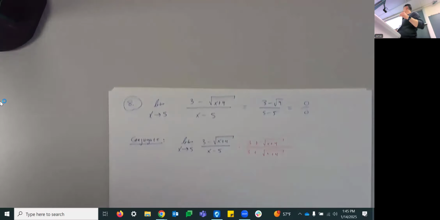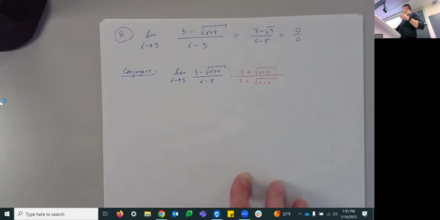A good rule of thumb here is that whenever you're multiplying a quotient by the conjugate of one piece, you want to multiply out the things that are conjugates, and you don't want to multiply out the things that aren't conjugates. By the way, I keep using the word conjugate. When I talk about the conjugate of something, it's just the same expression, but the middle sign is the opposite of what it was.